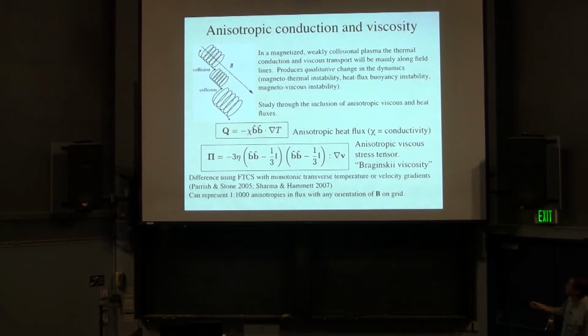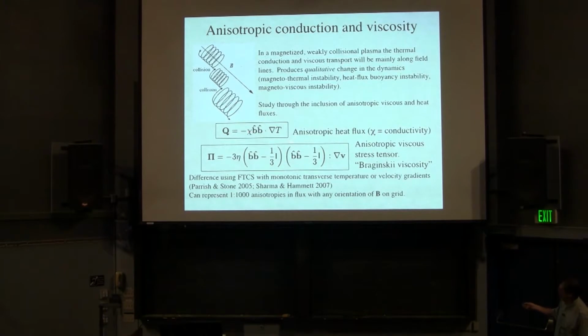Similarly, viscosity is carried by the ions because they have all the momentum in the fluid. And if the ions are gyrating many times before colliding, then viscous coefficients are different parallel compared to perpendicular to field lines. And so you need to add in anisotropic heat flux, a heat flux which depends on the direction of the local magnetic field.